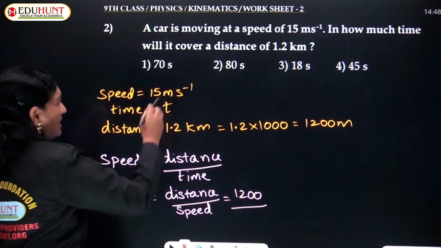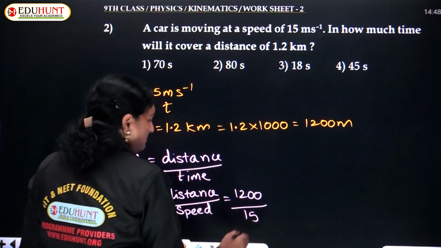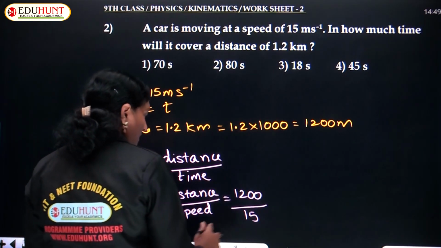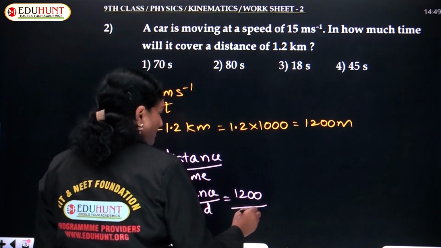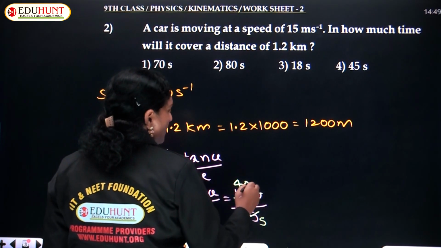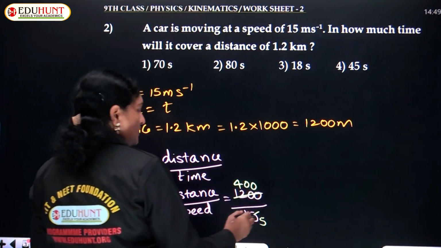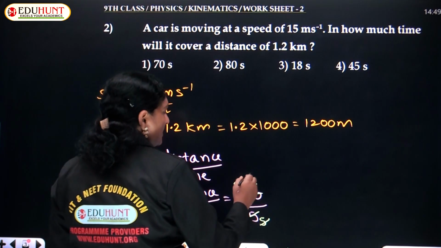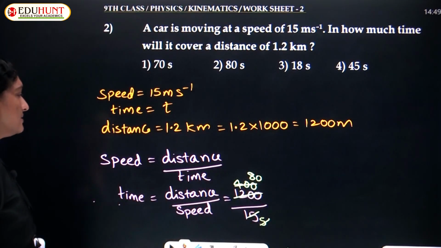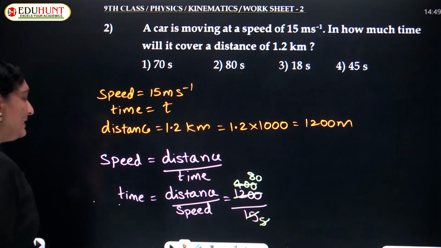Speed is given as 15 meter per second. Solving this carefully, we have 3 5s are 15, 3 and 4 hundred is 1200. So again this goes 8 5s are 40. So 80. Therefore, time is found to be 80 seconds.